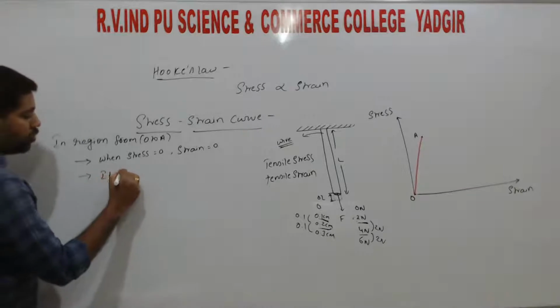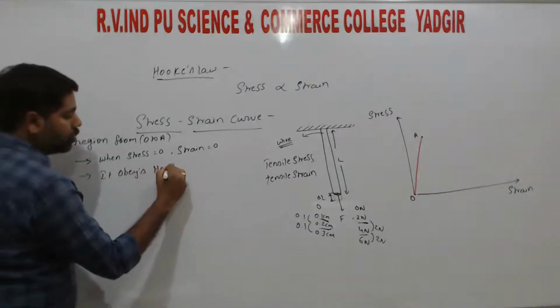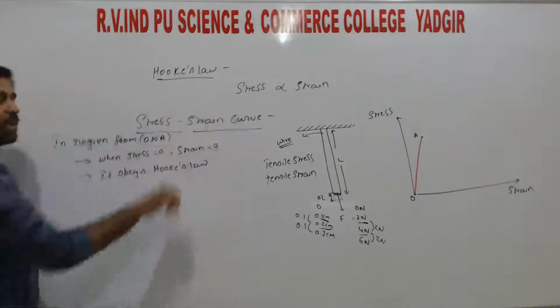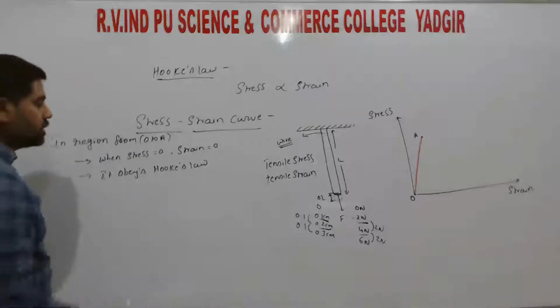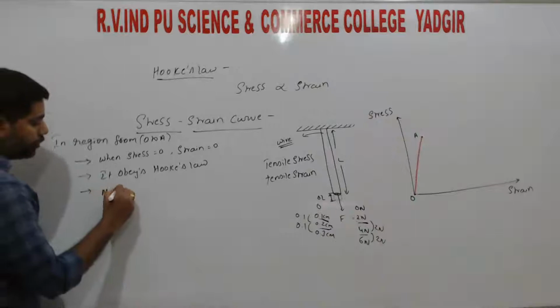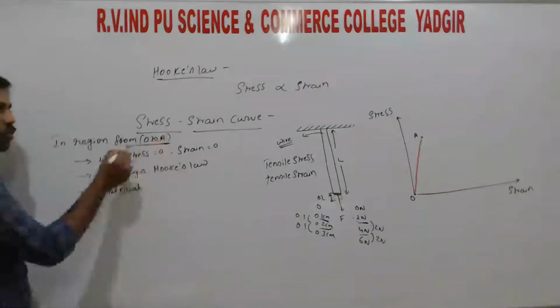So it obeys Hooke's law. Obeying Hooke's law means again stress is directly proportional to the strain, right? And the next point is the material. So this is only for this region, that is from 0 to A.